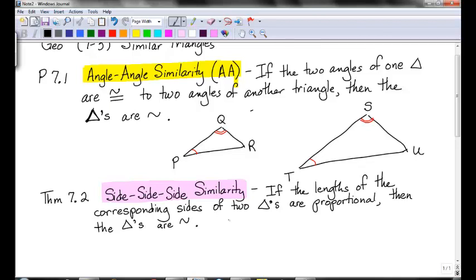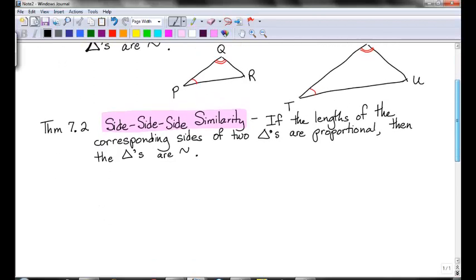Okay, and that's so far: if we have two triangles, if we have two angles congruent or all the sides proportional, then they are similar.